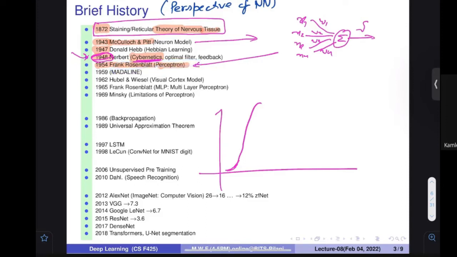As I told you, international newspapers wrote at that time that the perceptron has been proposed, and now we can develop a system that can talk to each other. We can develop a system that can have computer vision and whatnot. So everything was proposed like that, and a lot of hype was generated by this.